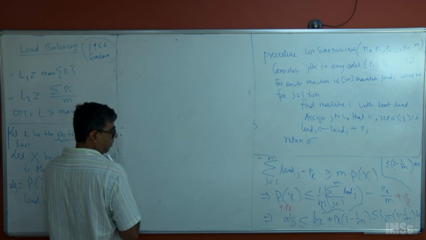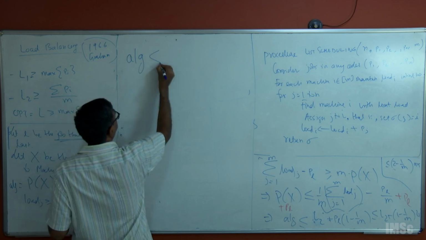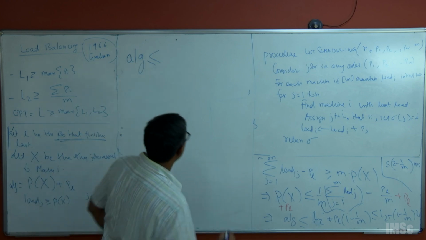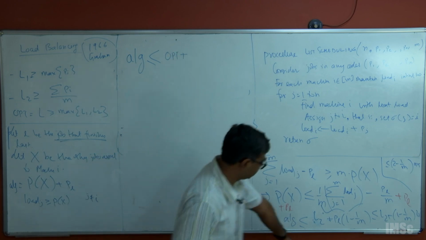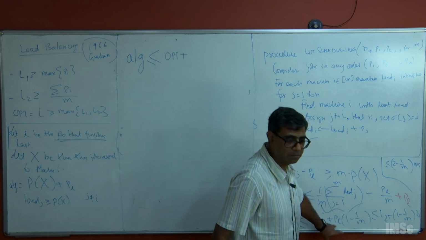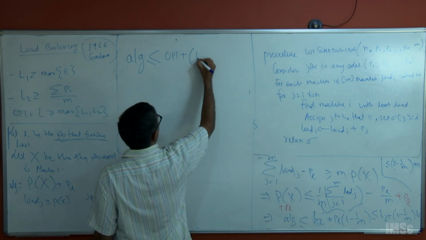This algorithm has ALG less than or equal to OPT plus PL, because this is less than or equal to OPT, and then we replace PL with OPT. But I do not want to do this for now.